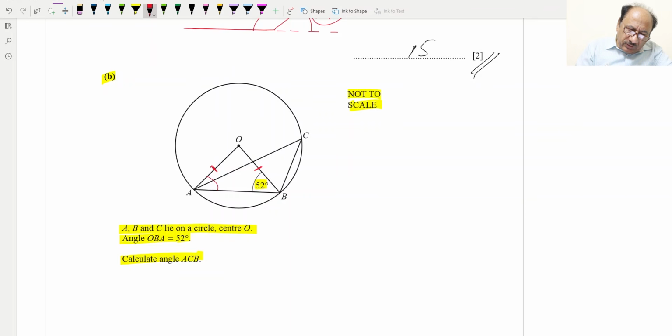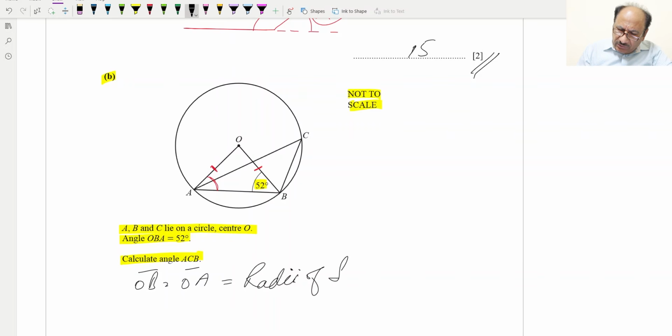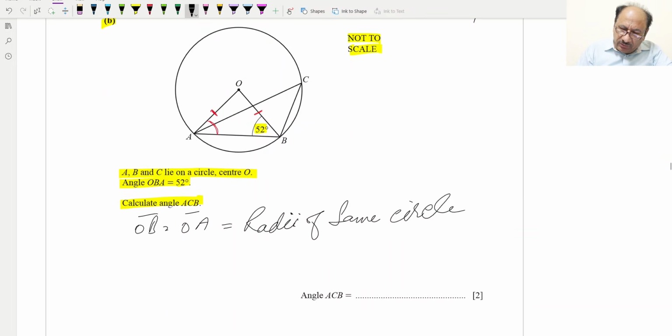So we can write the steps also, for example we can say OB is equal to OA, because they are radii of the same circle, and this is the reason which we have written. And now this angle will be 52, and angle AOB will be equal to 180 minus 104.